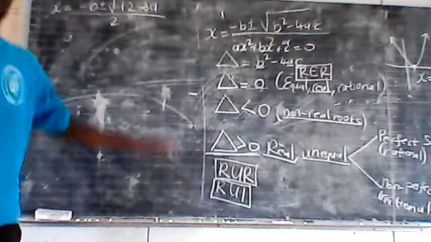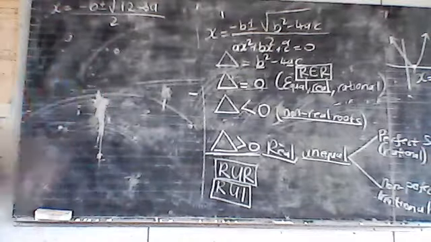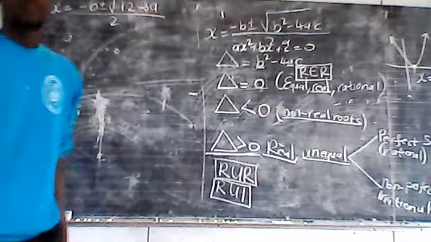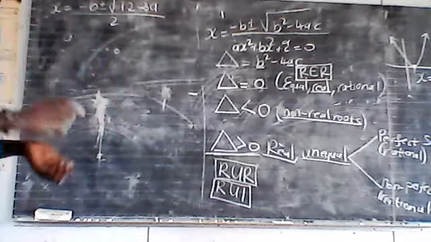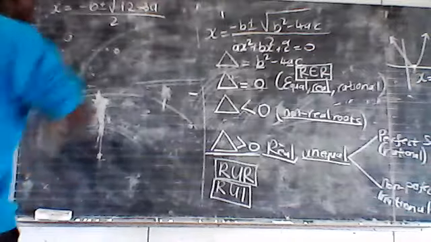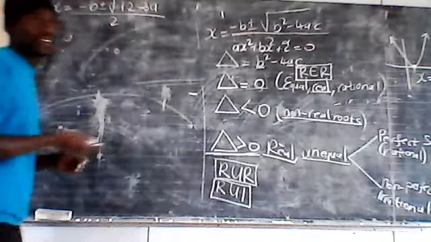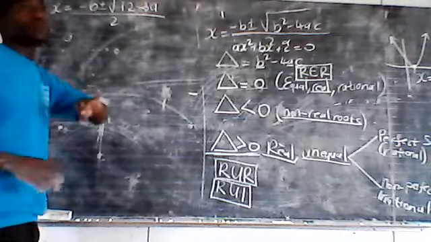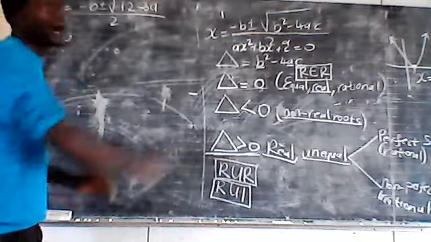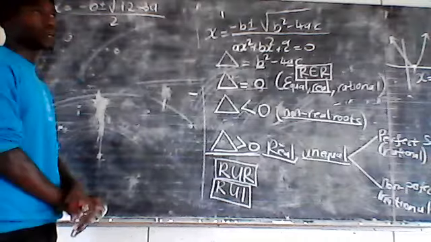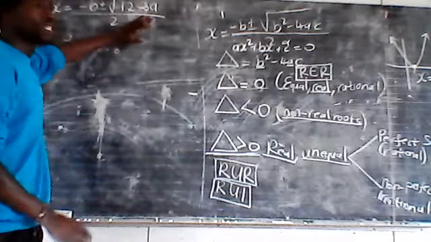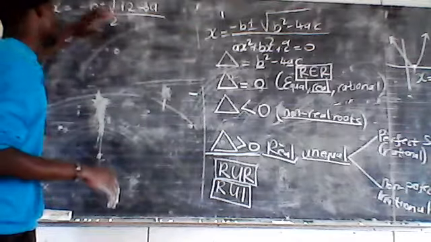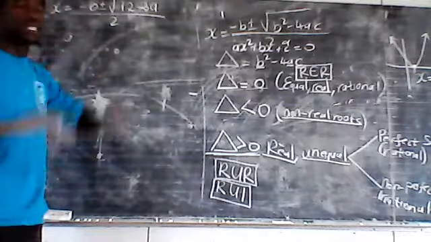So in the question you may be given that expression and asked what the values of a would be if the roots of that equation were equal. I'm going to repeat the question. Determine the values of a for which that equation has equal roots.